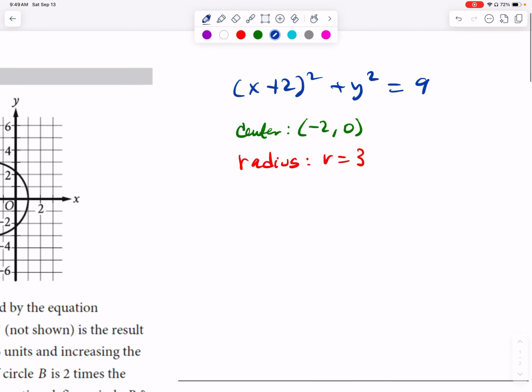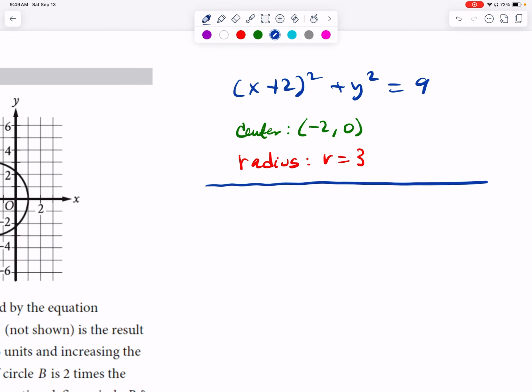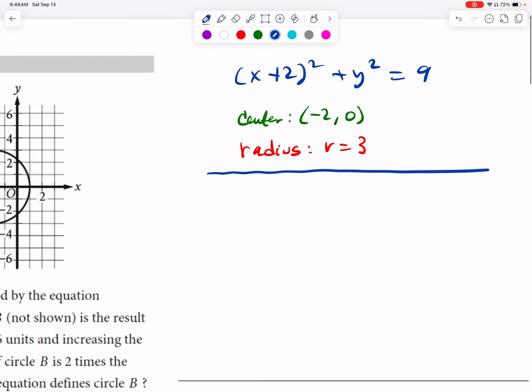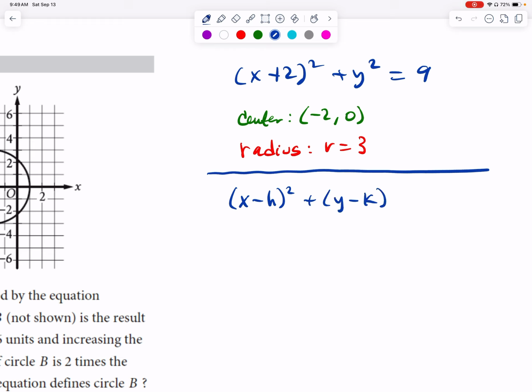It turns out that the equation of a circle in general form looks like this: (x − h)² + (y − k)² = r², your radius squared. Specifically, the h and the k parameters represent the center of your circle.